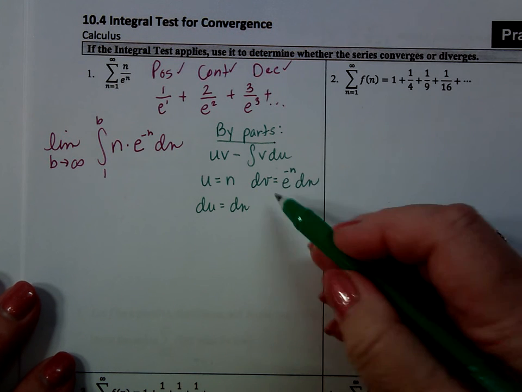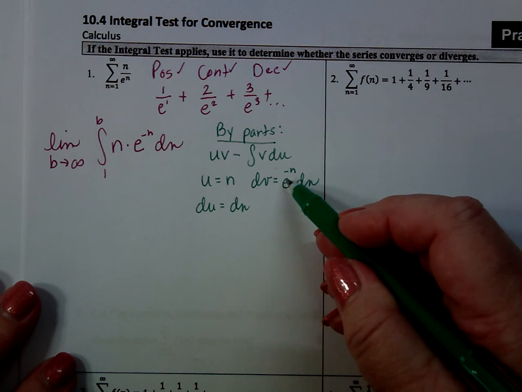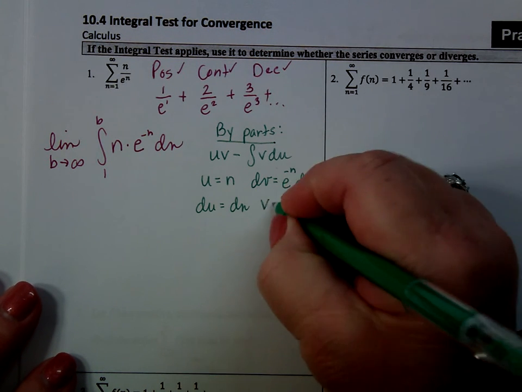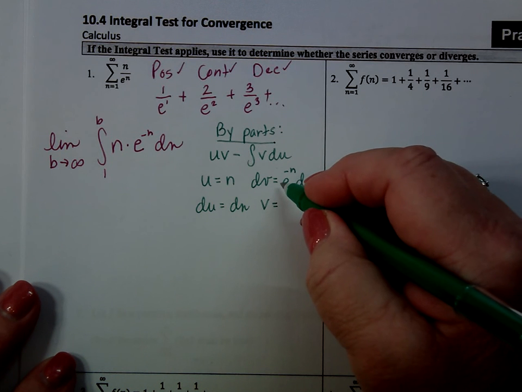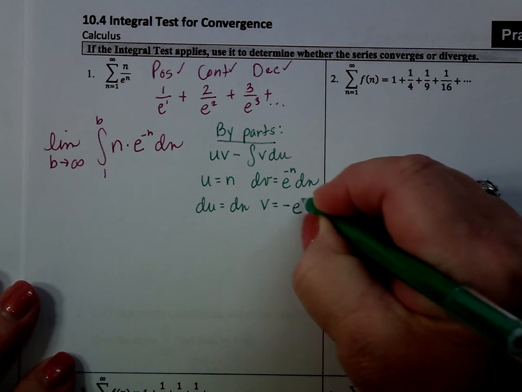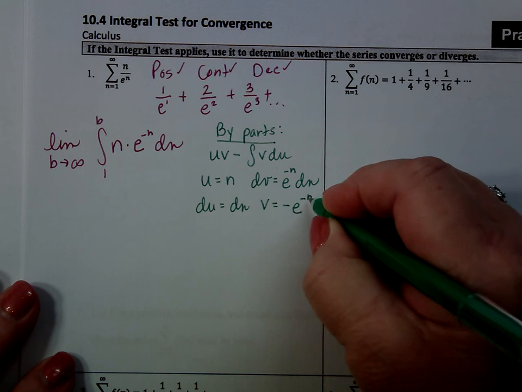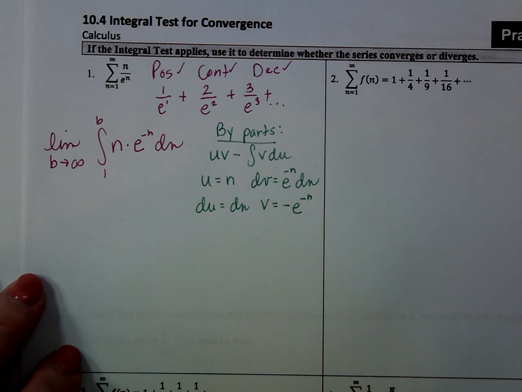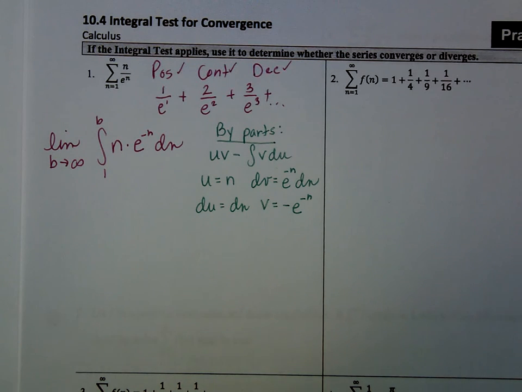If I go backwards and figure out what v is, this is the derivative, so v would be negative e to the negative n. It would be e to the negative n times negative 1. Now I have my 4 pieces.